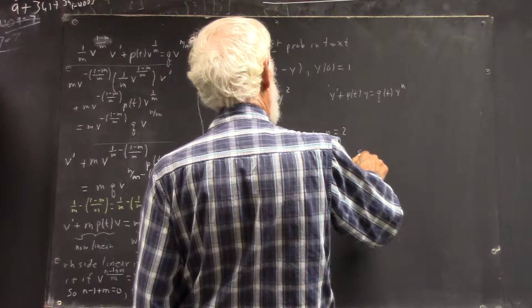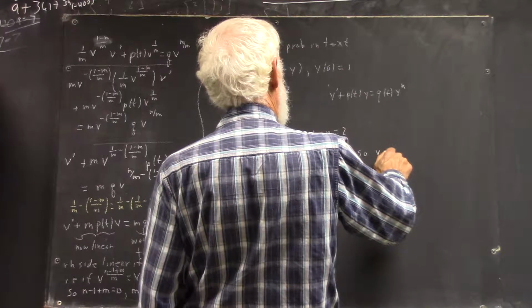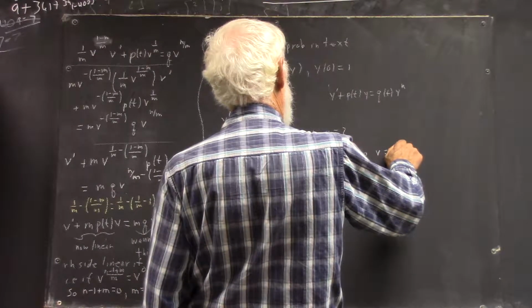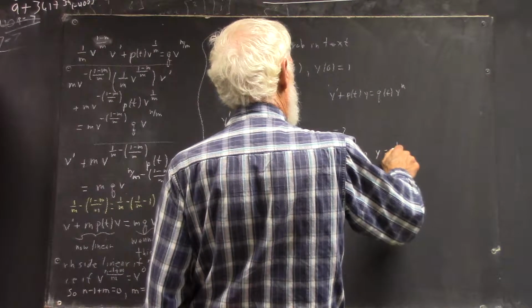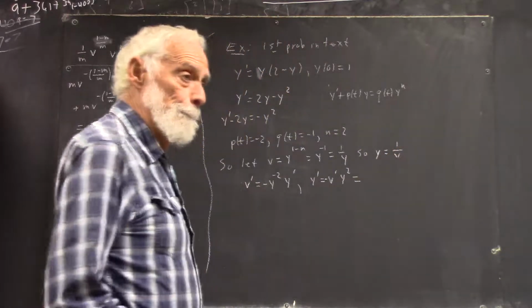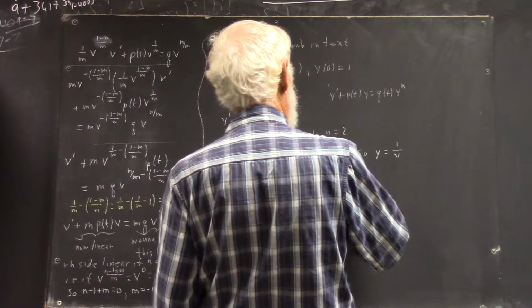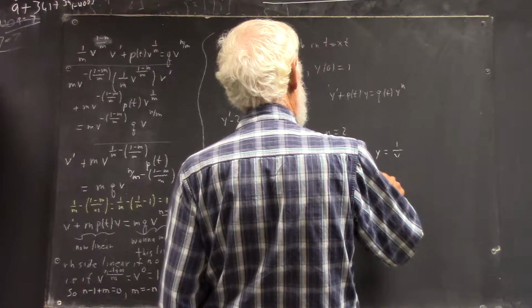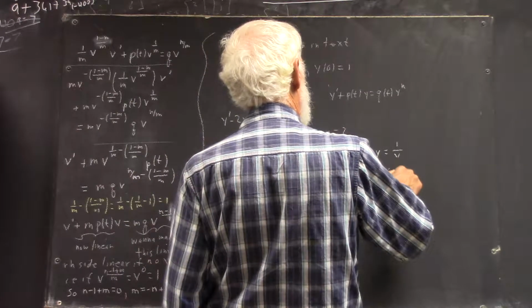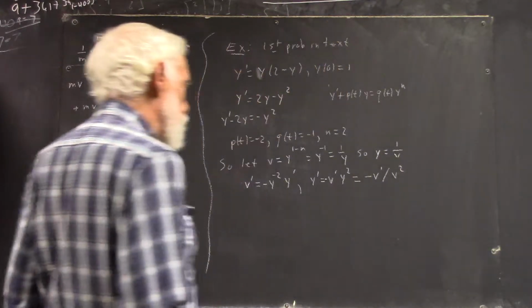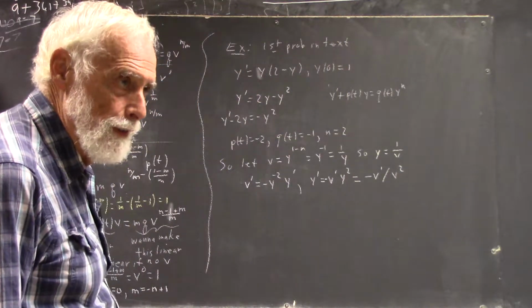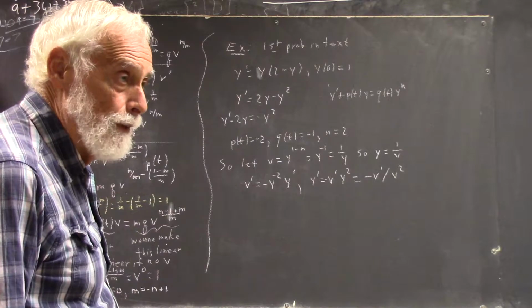And we'll note that y equals 1 over v, right? Okay, so we have this, and so this equals -v prime. I'll write it as -v prime over v squared. That's going to be relatively easy to deal with.